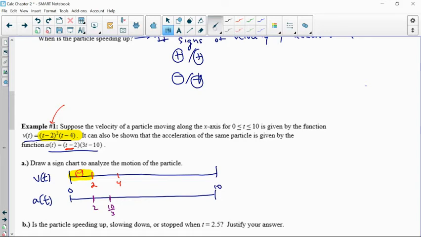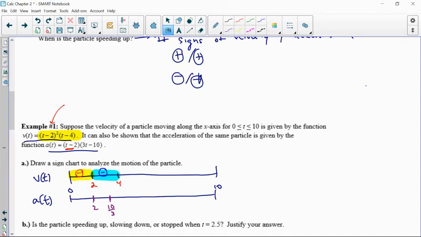Okay. Pick a representative in the next region, between 2 and 4, like let's say 3. If you put 3 into this function, 3 minus 2 is 1, and 1 squared is still 1. 3 minus 4 is -1, and so I get 1 times -1, so it still remains negative. So everything in this region is also negative.